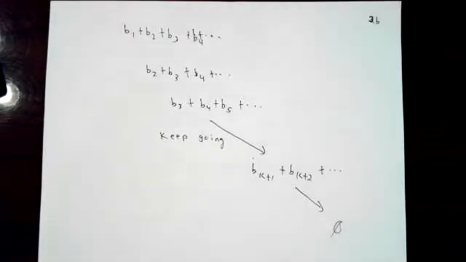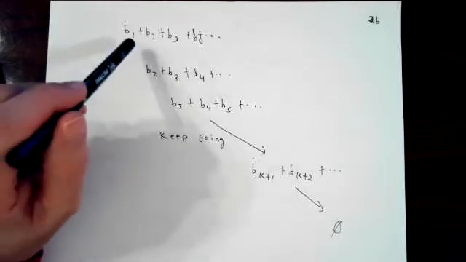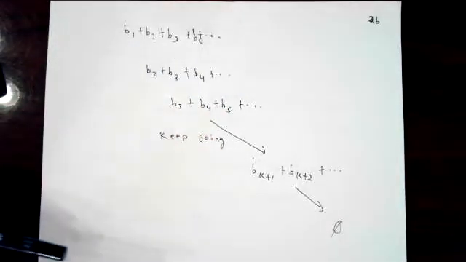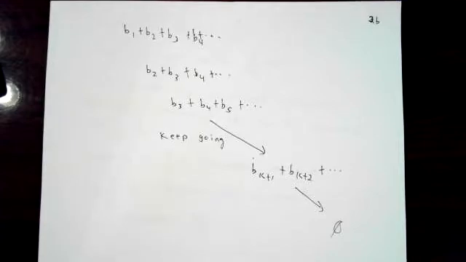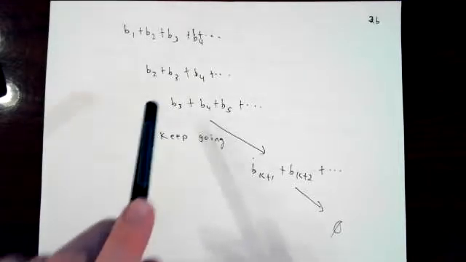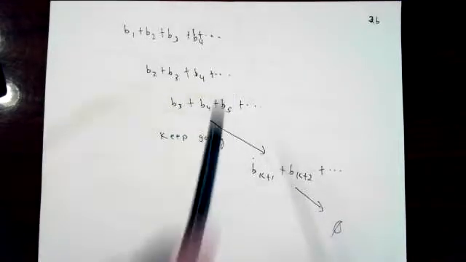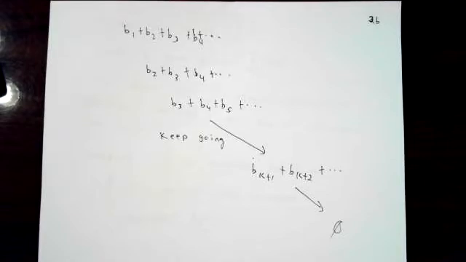For emphasis, if I start at b1 and add up all the b numbers, this converges to some particular real number, capital B. If I start at b2, that sum converges to something, but it's not capital B, it's capital B minus little b1.